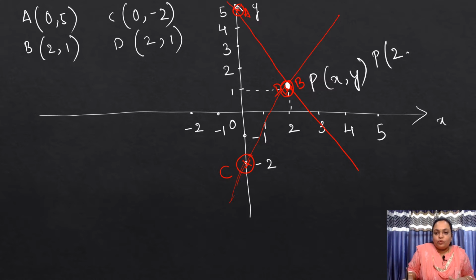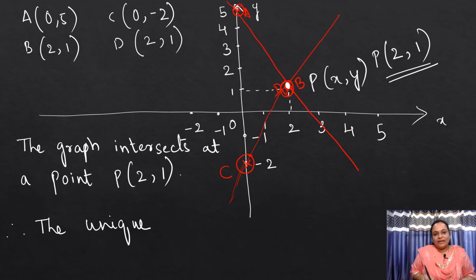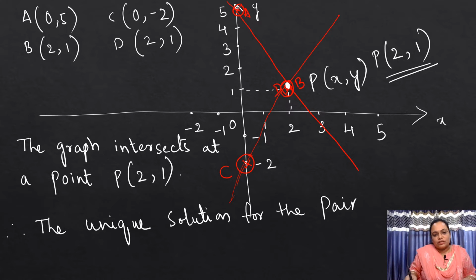P of 2, 1. This is the solution for the given intersecting lines, or you can say this is the solution for the given pair of linear equations. Okay. So we can say that the unique solution for the pair of linear equations is 2, 1.